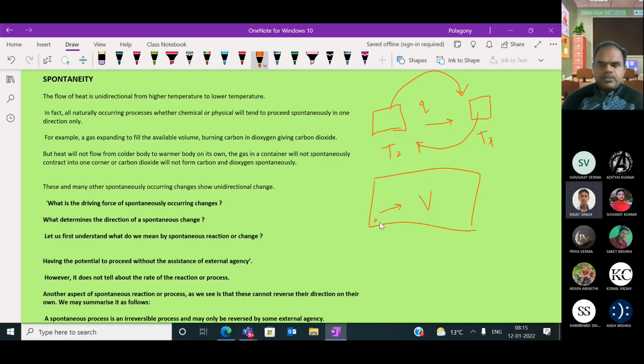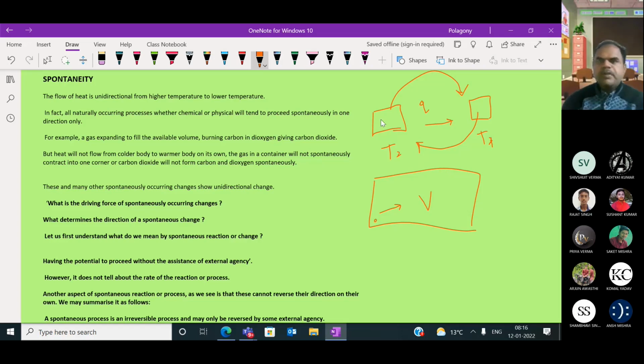Okay. So diffusion of the gas occupying a certain volume and transfer of heat from hotter to colder bodies are said to be unidirectional, and these are what we call spontaneous changes.